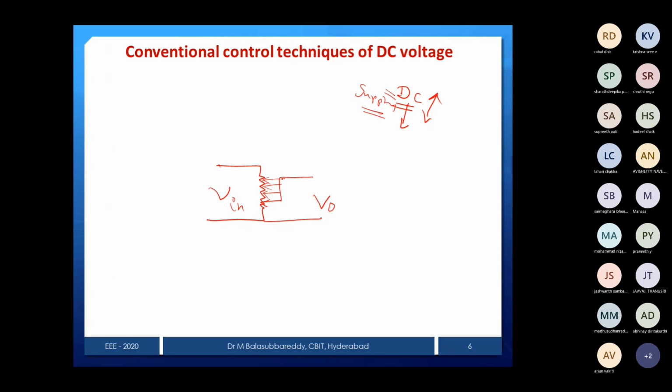If you keep the point here, the total resistance comes into the picture and your output voltage will be reduced. If you add resistance, the drop will be more. If you disconnect the resistance and connect like this, the total output is equal to the input. By adding steps, you get a variable output voltage.